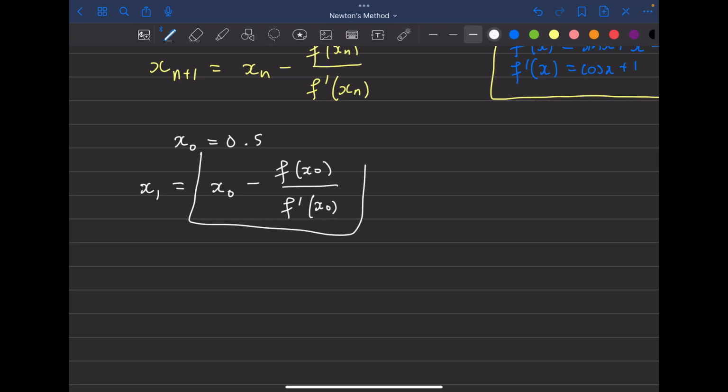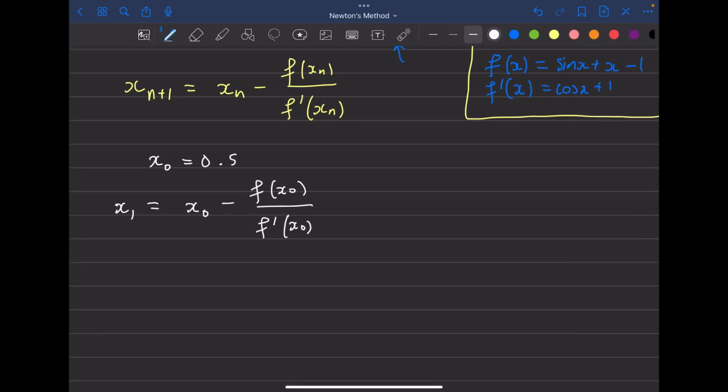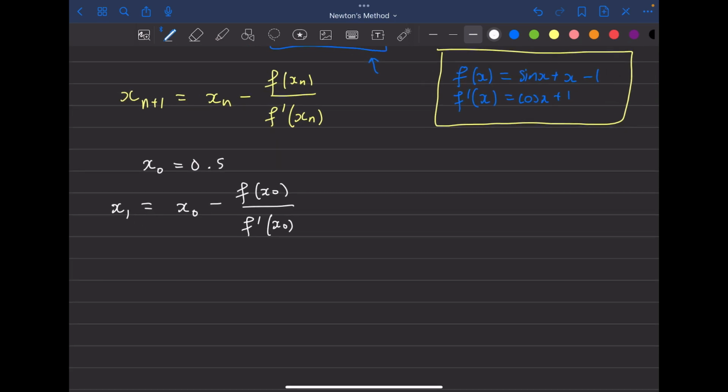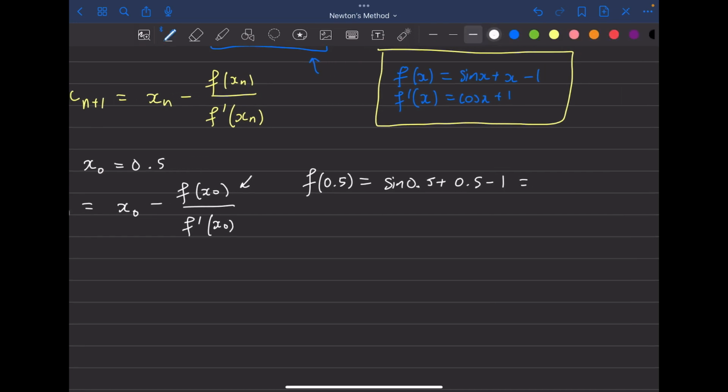We know all of these because we have everything to actually write it down. f of 0.5 is up here, so let's find it now. If I plug in 0.5, I'm going to get sine of 0.5 plus 0.5 minus 1, which is equal to negative 0.0206.